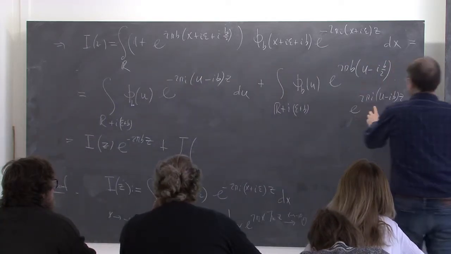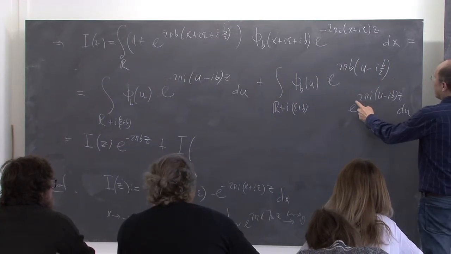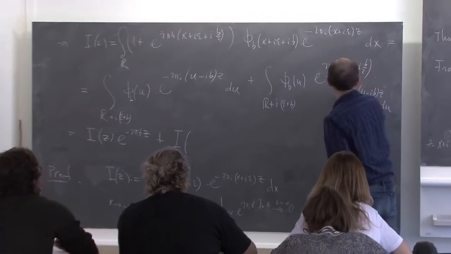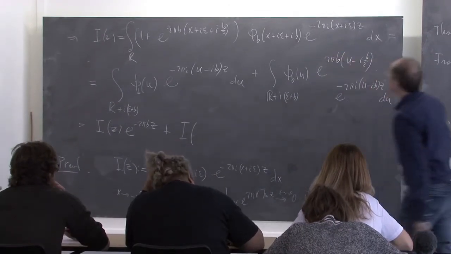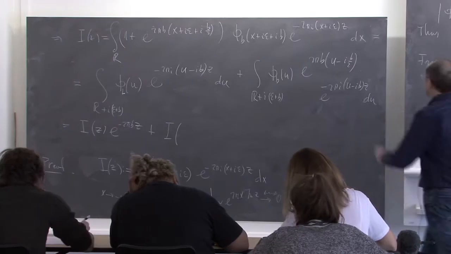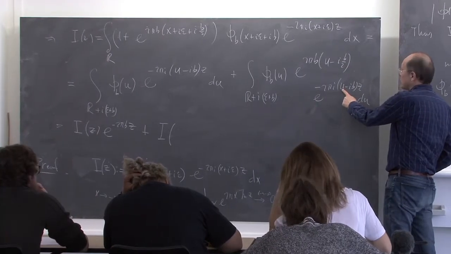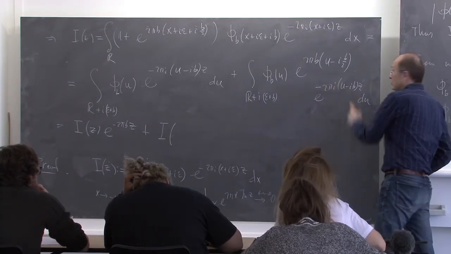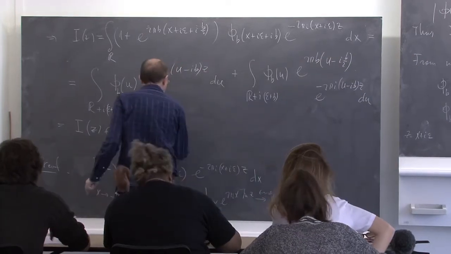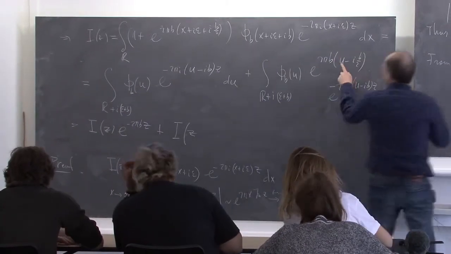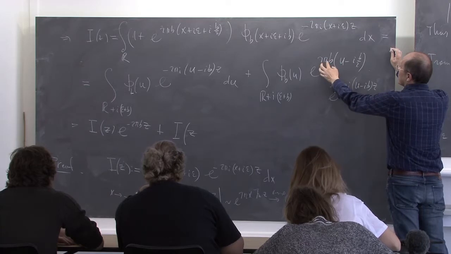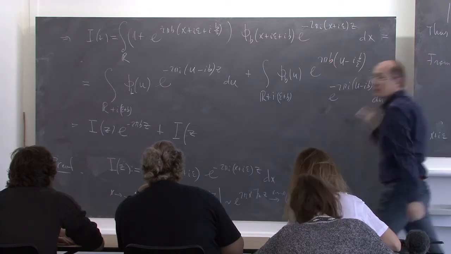So we have to collect the coefficients of minus 2 pi i u. So it will be z, but shifted, because we have this term. So minus 2 pi i, so plus ib.